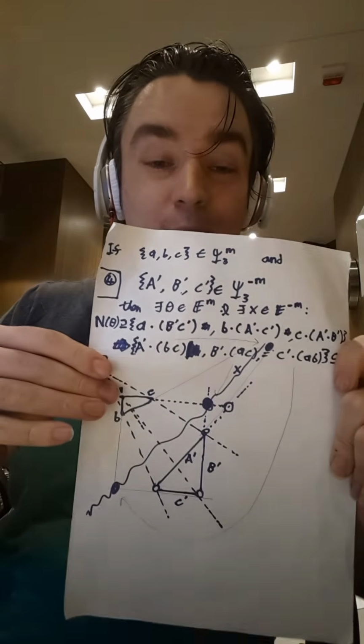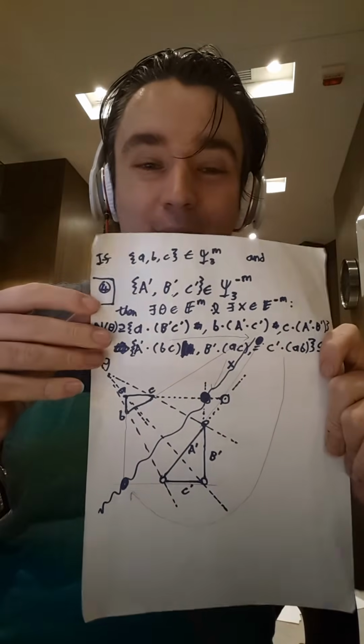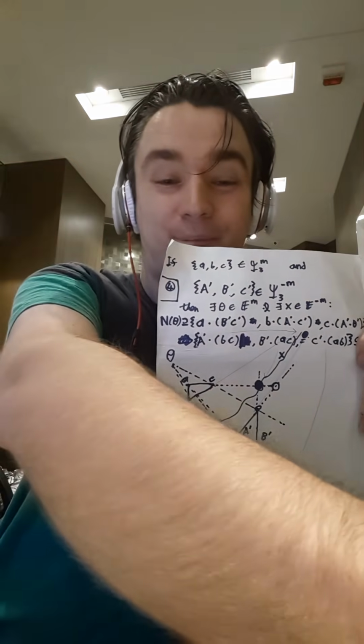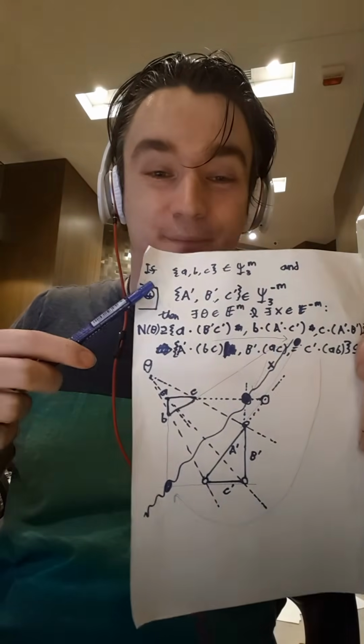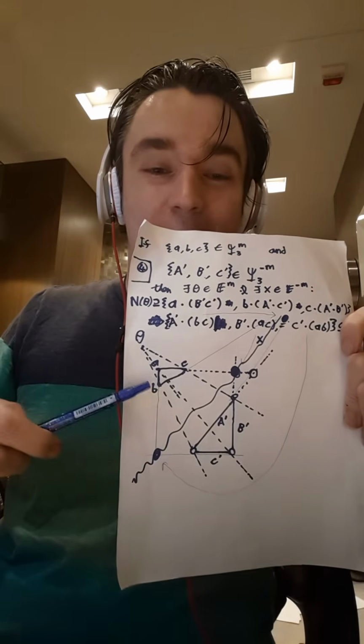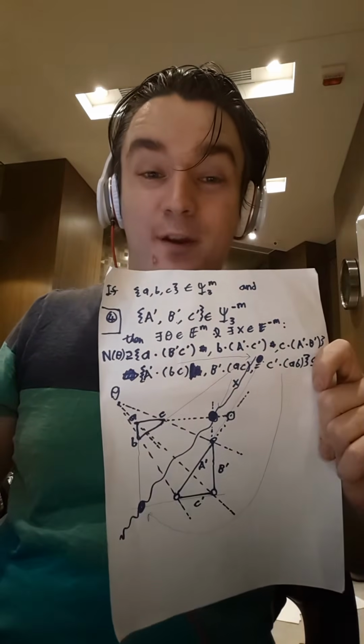Okay then, so that's it. Now let's get on to the next axiom. Axiom number 4 is the biggie. This is basically Desargues' Theorem, Desargues' famous theorem, which pretty much reinvigorated projective geometry.